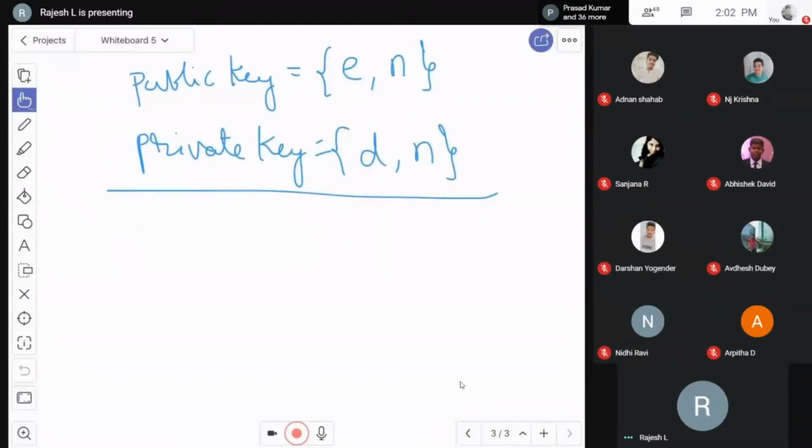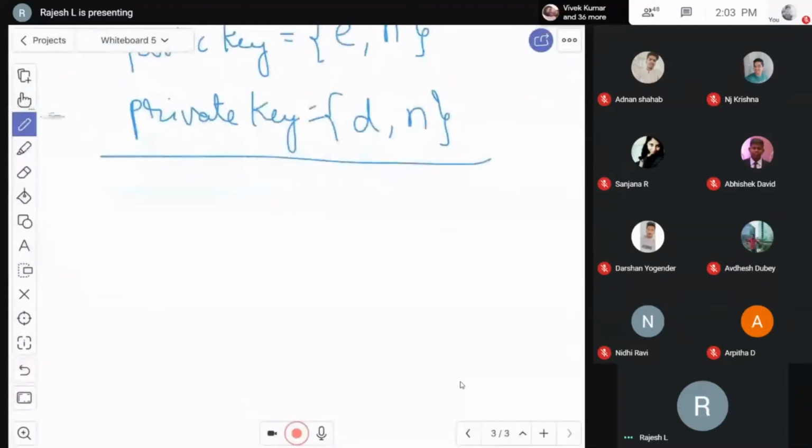Once you got this, we need to do encryption, at the sender side. Before sending the data, you need to encrypt.